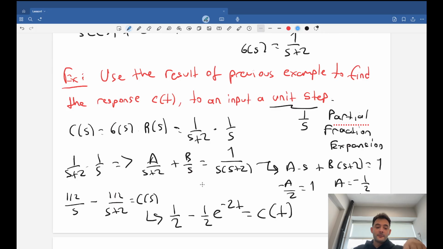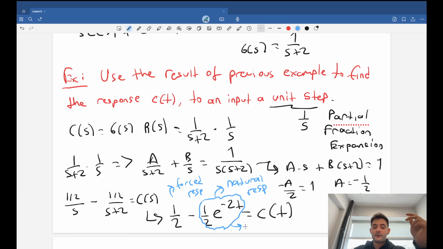The constant part we call the forced response. And if we have something like exponentials, e to the power of minus something, it will be the natural response. Because, guys, as t approaches infinity, this part will go to 0, right?